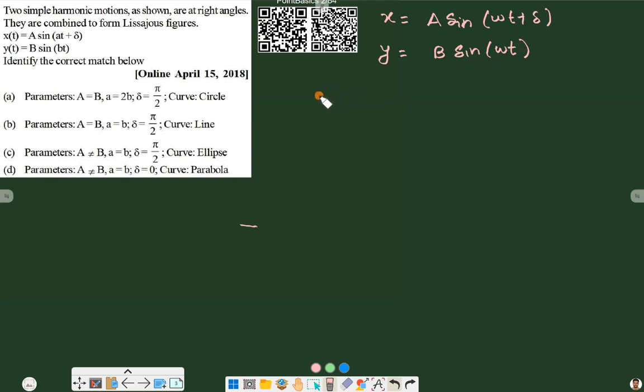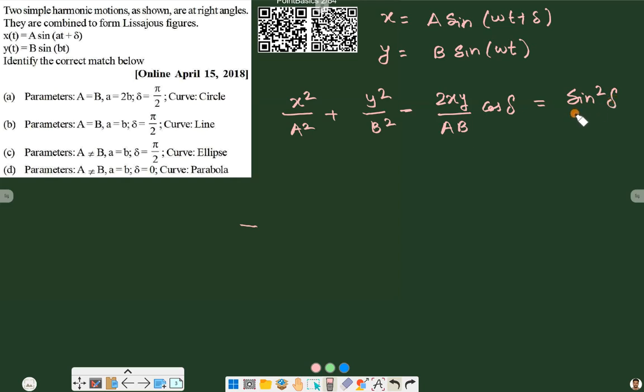Now Lissajous's equation is x square by a square plus y square by b square minus 2xy by ab into cos of delta is equal to sine square delta. So this is the basic equation for a Lissajous figure.